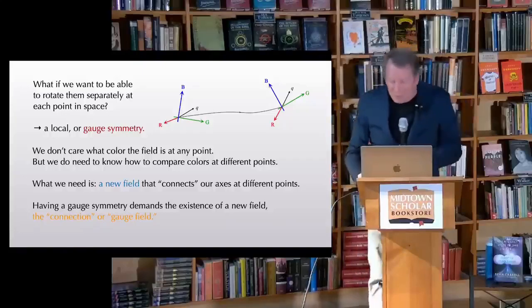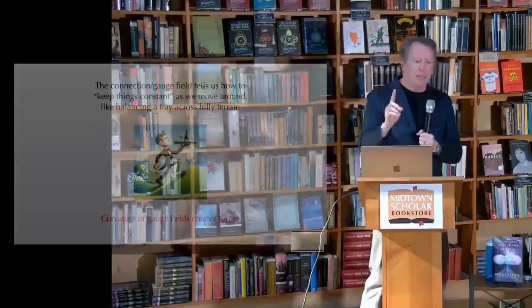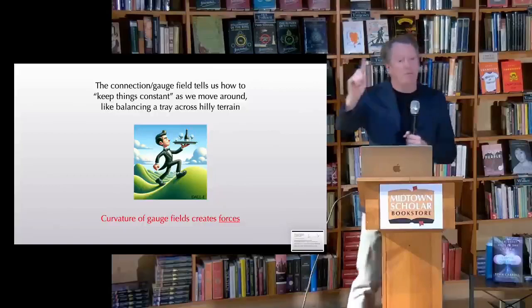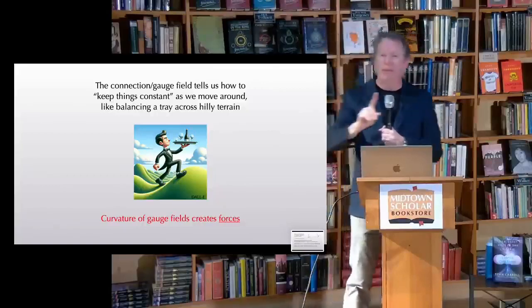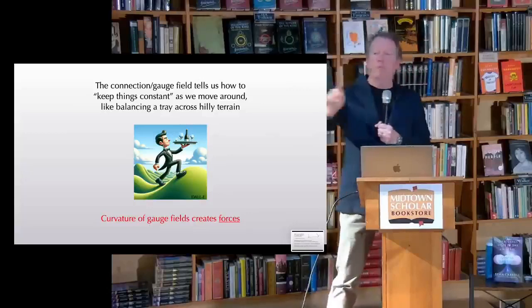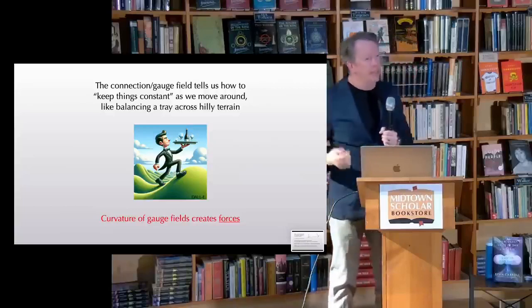To make it a little bit more graspable, here's an analogy which is like 98% good analogy, okay? The connection is in some sense telling you what it means to keep a vector constant. In this case, the vector is the quark color, okay? If we wanted to keep that constant from place to place, how would we know how to do that? That's what the connection is telling you.